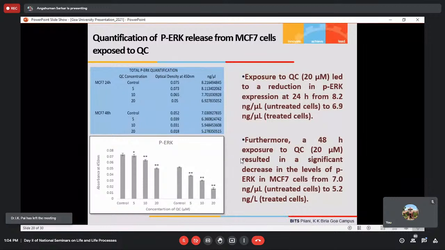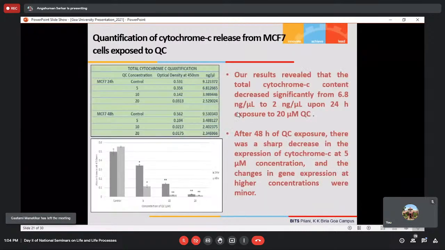You can see that a 48 hour exposure to quinacrine resulted in a significant decrease in the level of phospho-ERK from 0.7 to 5.2 nanogram per liter. And this is cytochrome C release. These are all different parameters to show how the cells are entering into apoptosis, which is a very, very important phenomenon to stall the cell.